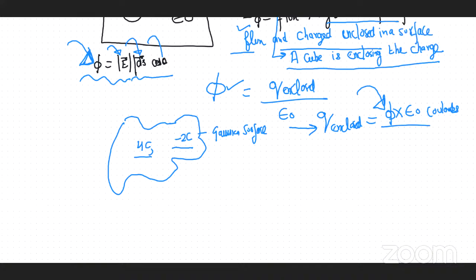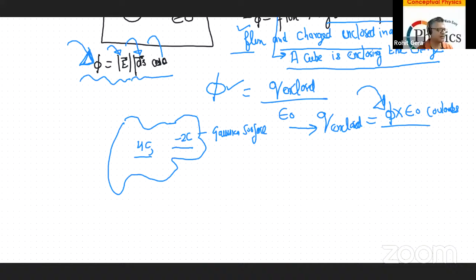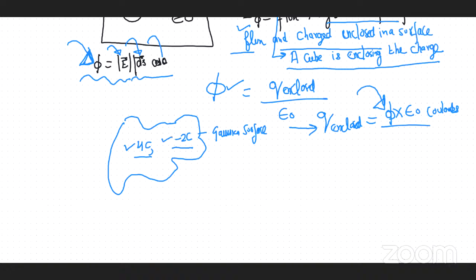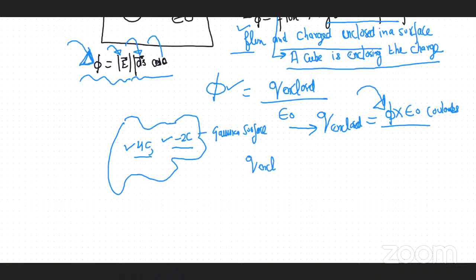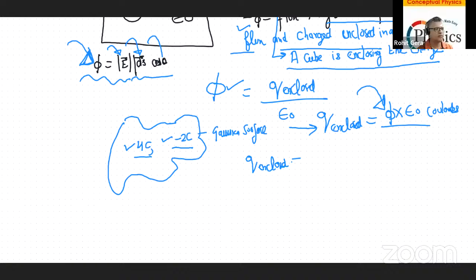Q enclosed. Are these two enclosed in the surface? Yes or no? They are. So what is Q enclosed going to be? You can add them. It is 2 coulombs. Agreed.